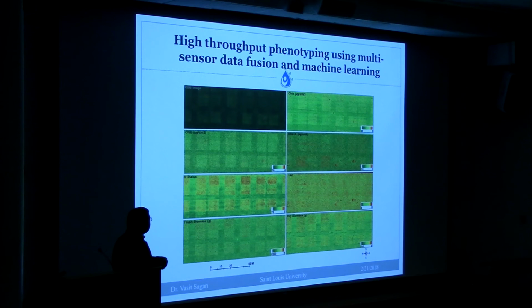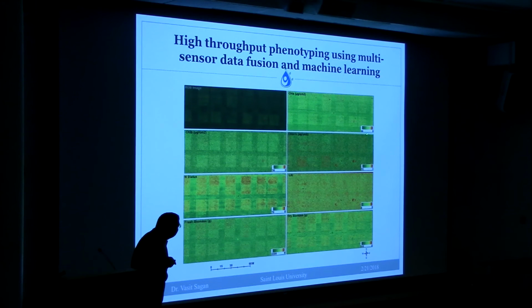Here are some estimated results, like RGB imagery of one field, chlorophyll B, chlorophyll A, and whatever red areas means bad, green means good. Here is chlorophyll A, for example, like 50 milligrams per square centimeter area.